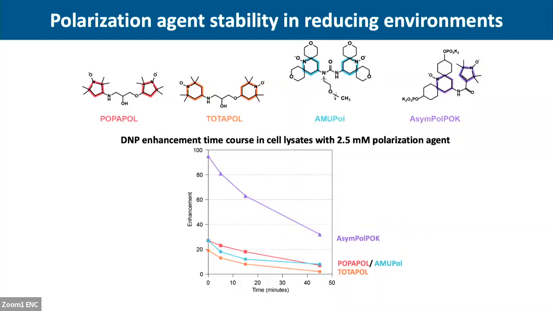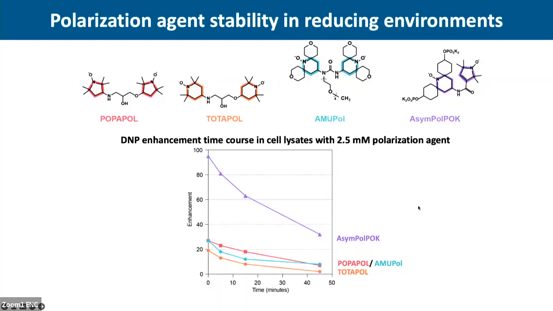And with 1 millimolar, it was very hard to get a good number. So in the presence of 2.5 millimolar polarization agent, these are the enhancements as a function of time. So this is true enhancement. And you can see here that asympole POC always gives us consistently higher enhancements compared to the other molecules.